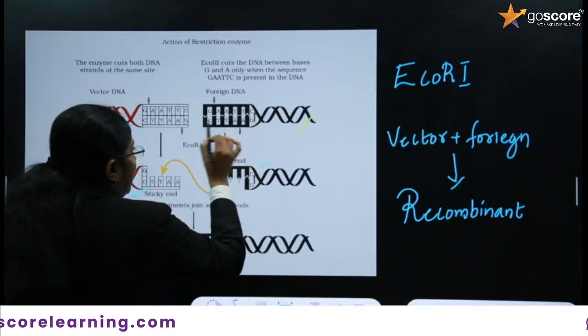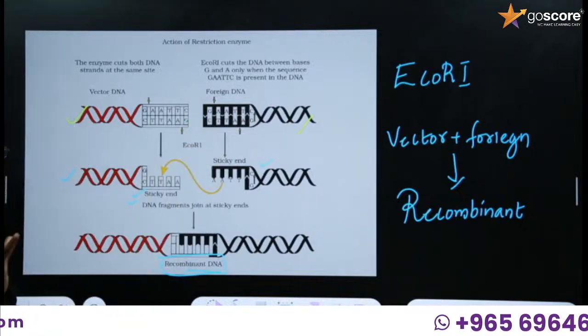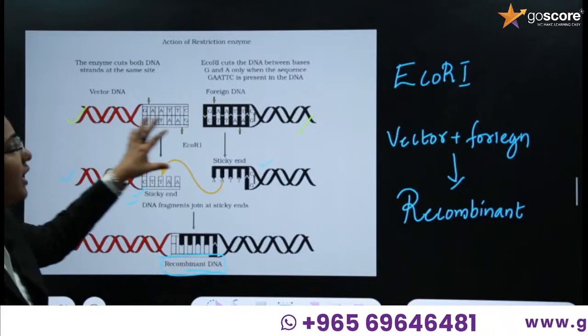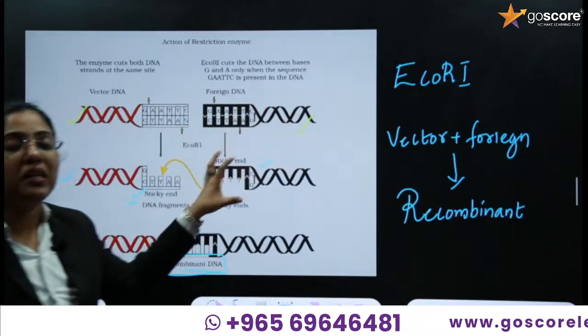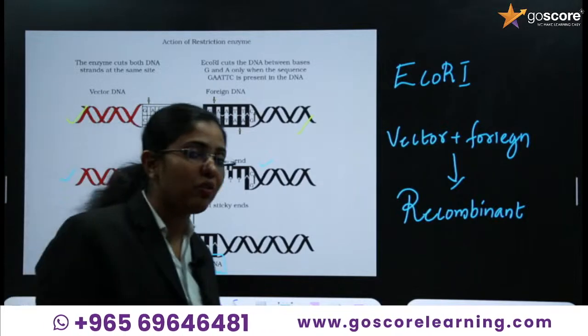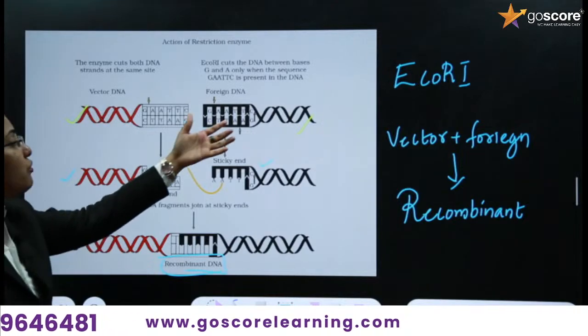So the restriction endonuclease can act in both the vector DNA and the foreign DNA. Example, EcoRI. EcoRI can act upon both the vector DNA and also the foreign DNA.